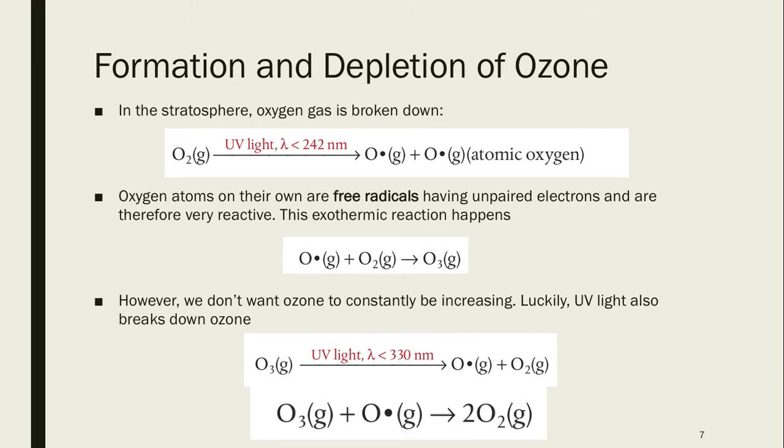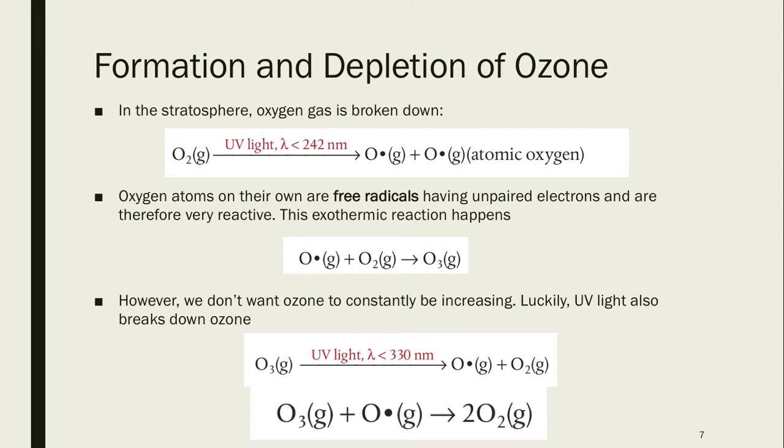However, we don't want ozone to constantly be increasing. So that UV light, with what you remember from the previous step, anything less than 330 nanometers will break that ozone.